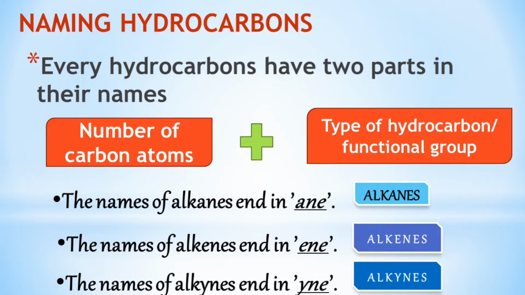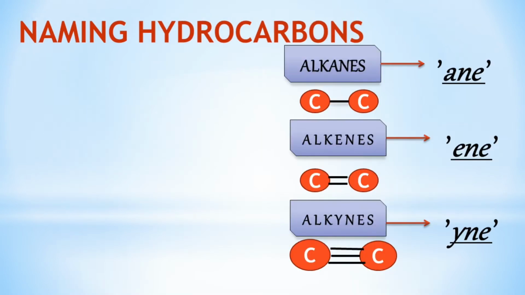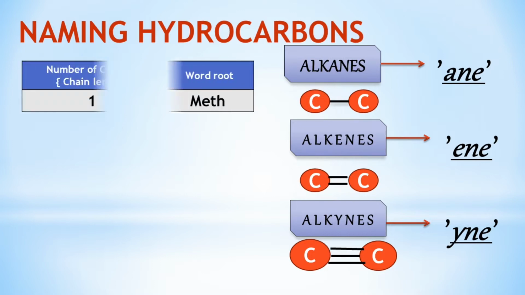In this video, let's learn how to name alkanes, that is saturated hydrocarbons, straight-chain alkanes and branched-chain alkanes. The first part of the name of a hydrocarbon depends on the number of carbon atoms present in it. If the hydrocarbon consists of one carbon atom, then the name starts with the term meth, M-E-T-H.